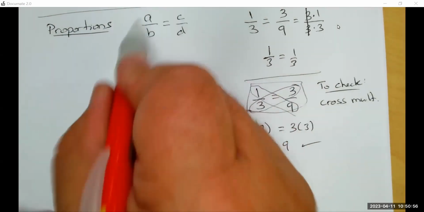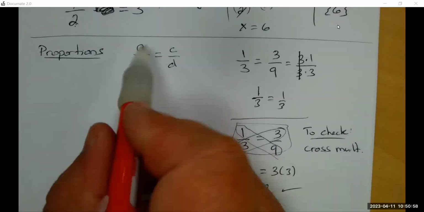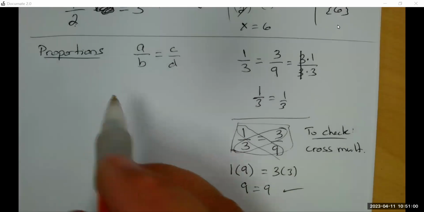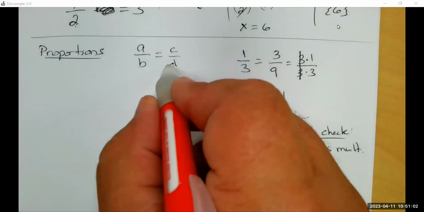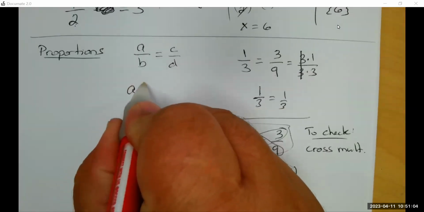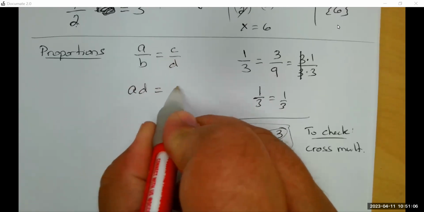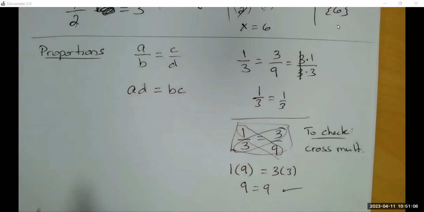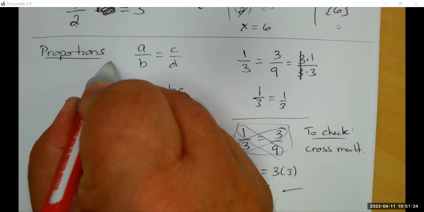So using this general rule, A over B equals C over D, using the cross multiplication, if this is true, then that has to be true. So you can put this in if-then.